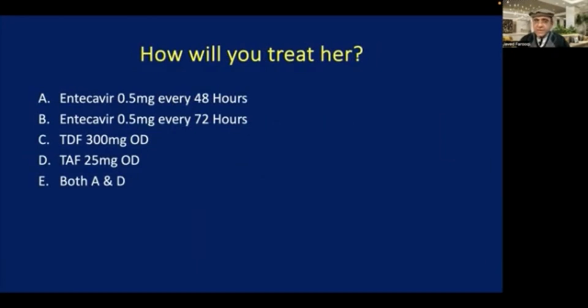With entecavir 0.5 milligram every 48 hours, with entecavir 0.5 milligram every 72 hours, or you will start the patient on TDF 300 milligram once a day, or TAF 25 milligram once a day, or you can go both, either the entecavir 0.5 milligram every 48 hours, or you start the patient on TAF 25 milligram OD. Write down your option.